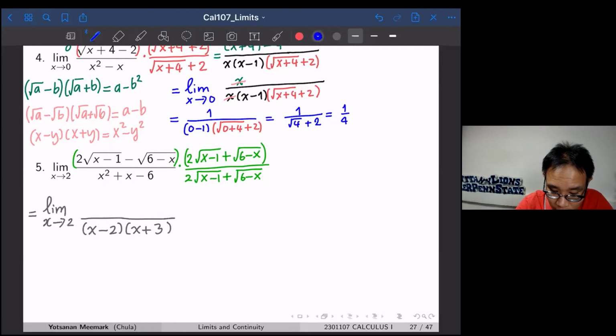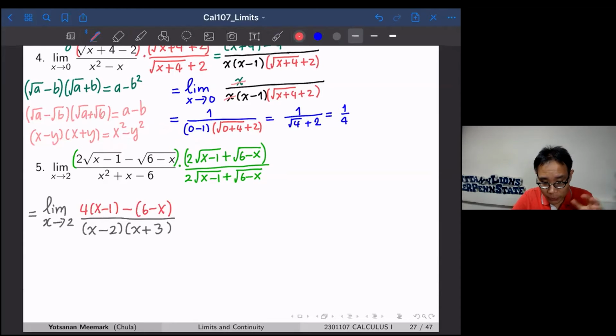So you would get 4 times x minus 1, and you're going to have minus 6 minus x. Be careful in this calculation a little bit. Try to put parentheses here in order to calculate this one correctly.